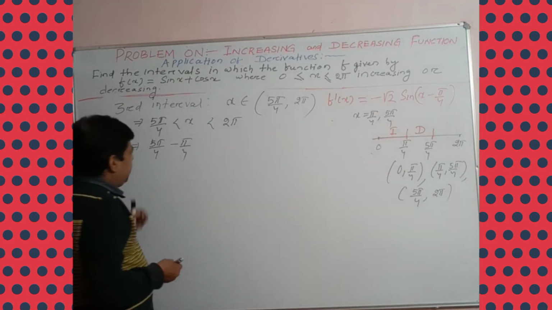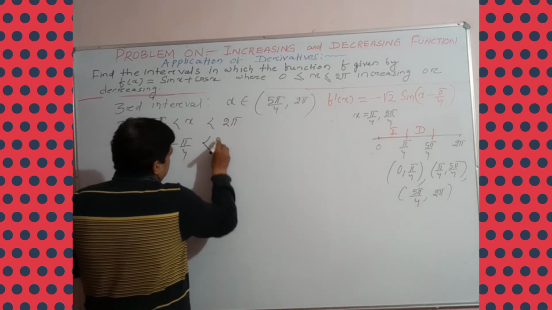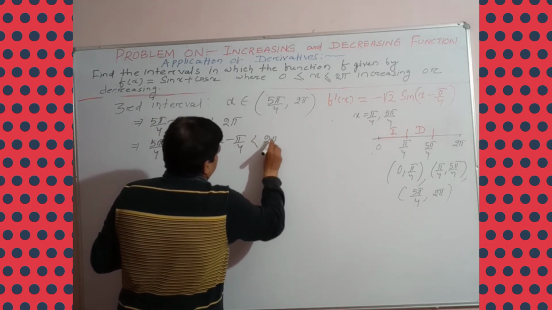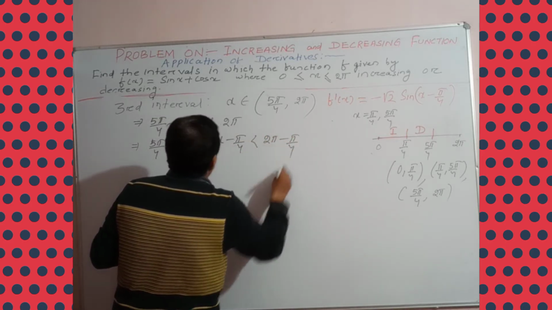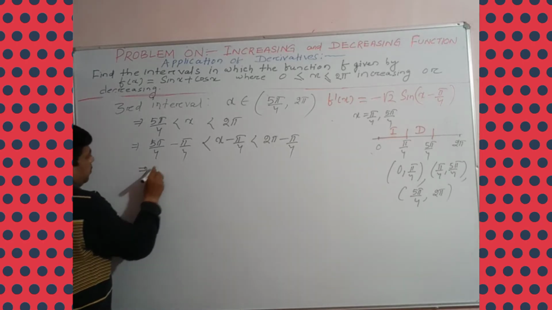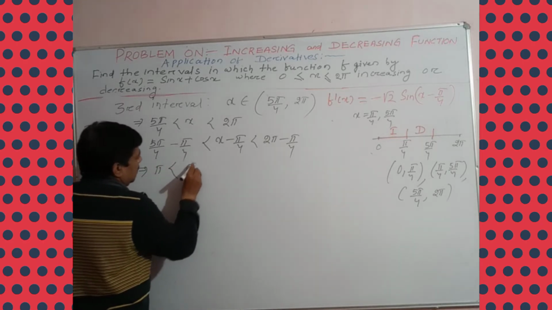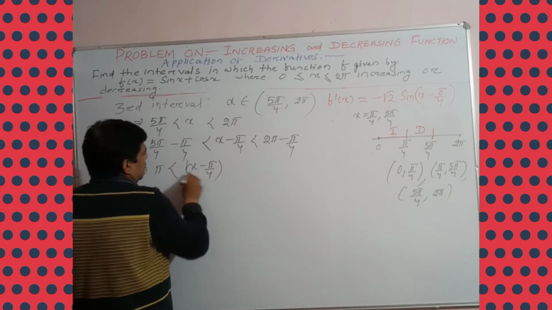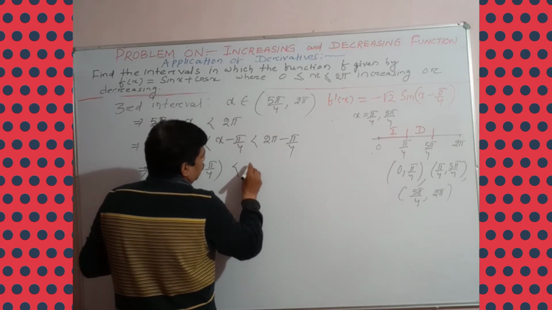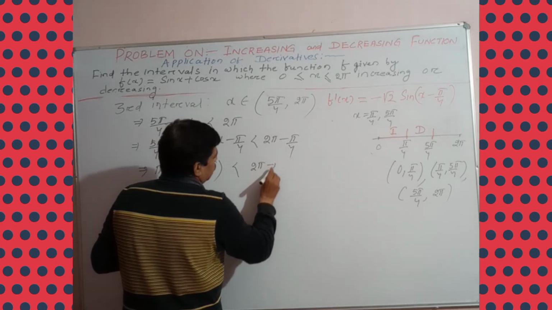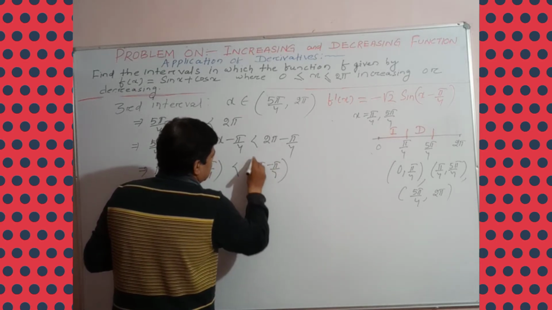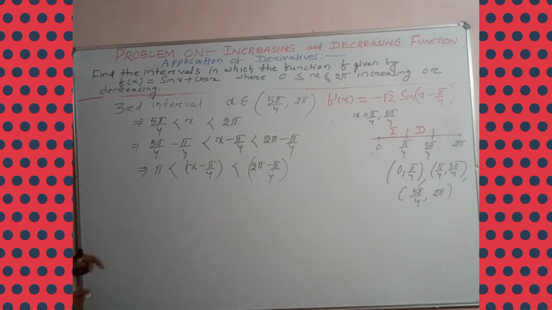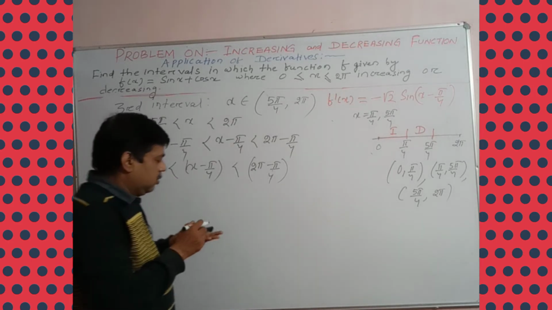So 5 pi by 4 minus pi by 4 is less than x minus pi by 4 is less than 2 pi minus pi by 4. Is it clear? And that is equal to pi less than x minus pi by 4 is less than 2 pi minus pi by 4. You see, 2 pi minus pi by 4, this lies in which quadrant? So this x minus pi by 4 lies between, okay, look at here.